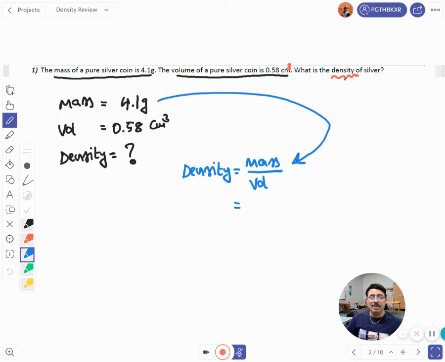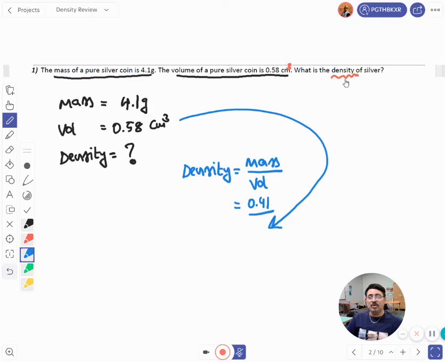So you know that mass is here, that is 0.41 goes here, and volume 0.58 goes to the denominator. So let me take my calculator, and here it is, 0.41 divided by 0.58.